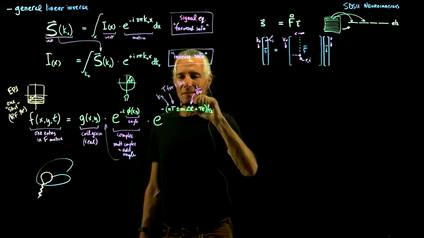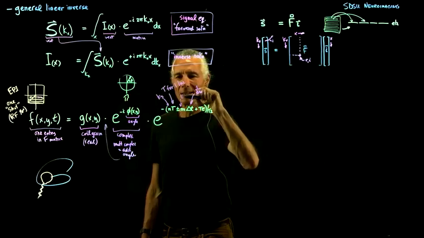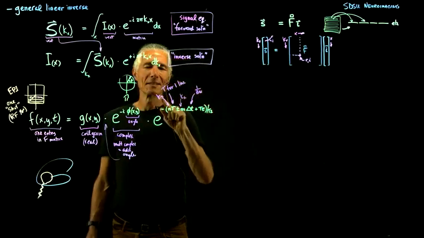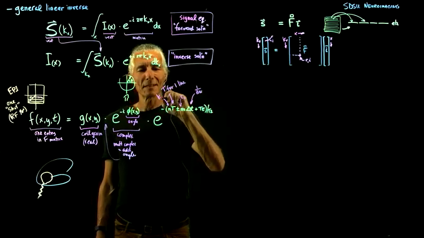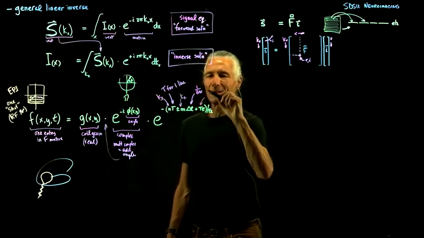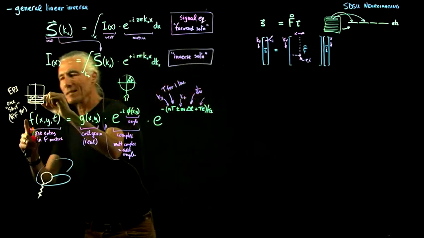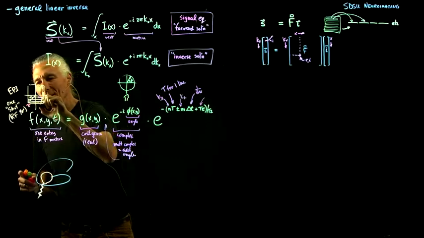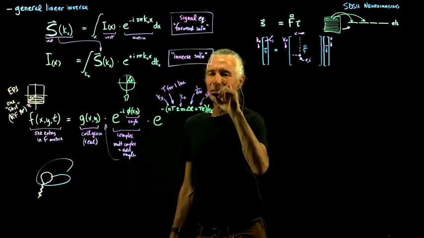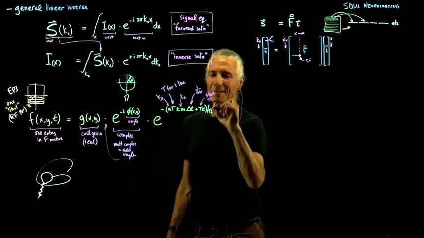This guy is sort of the KX, and that's how much time there is between each successive sample. And this is the TE when we first start down here, the starting TE.